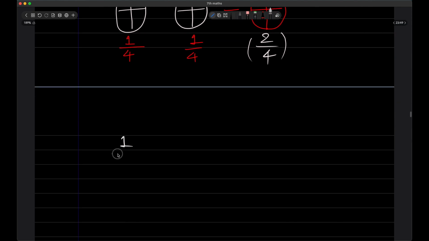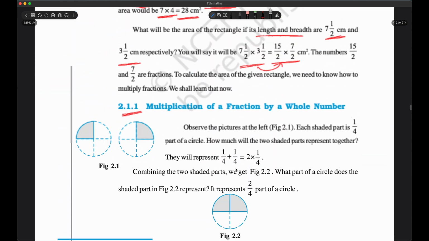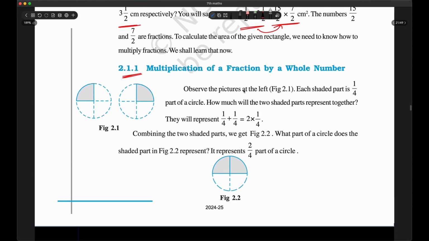We can write 1 by 4 plus 1 by 4 equals 2 by 4, that is, summing 1 by 4 plus 1 by 4, you will get 2 by 4. Now if we see the theory, it is multiplication of a fraction by a whole number.